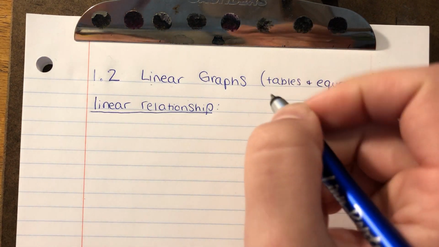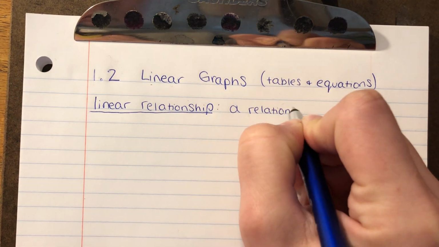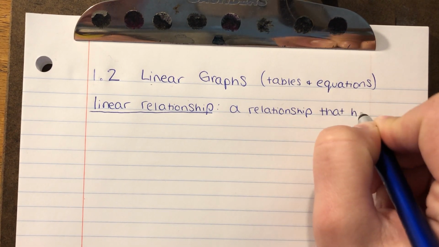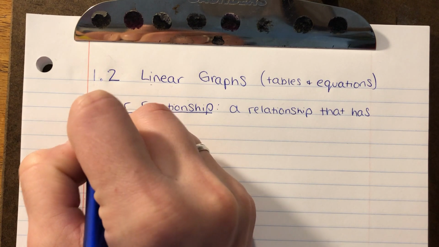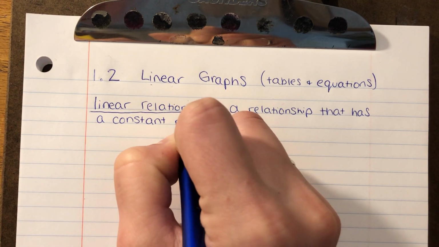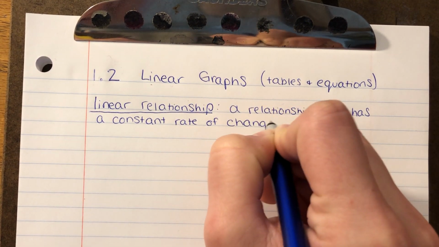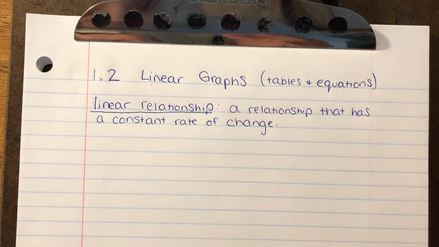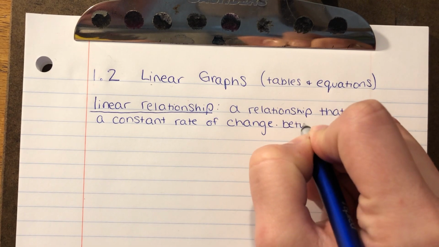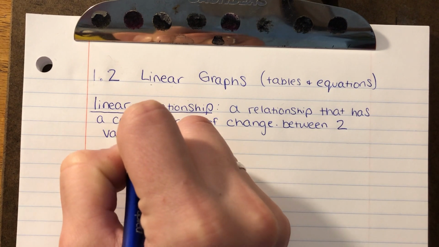So a linear relationship is a relationship that has a constant rate of change between two variables.